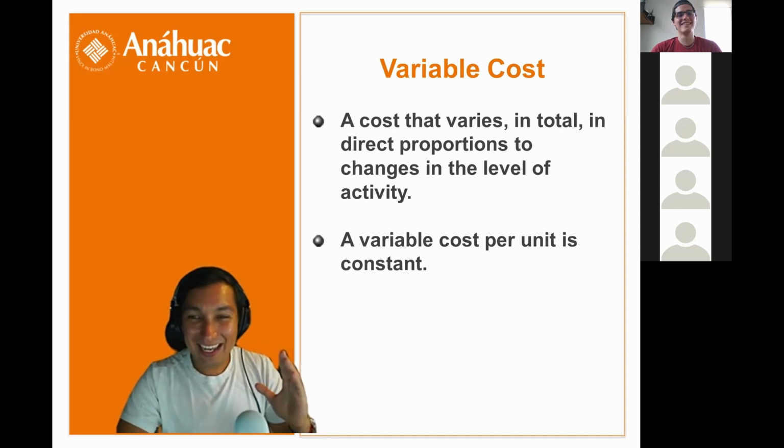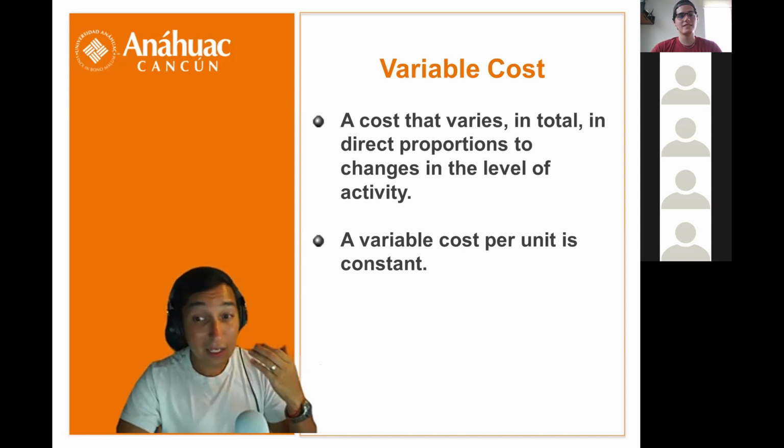So as we make more and more widgets, we're going to be using up more and more widget material. As we make more and more widgets, we are going to incur more direct labor. So those would be variable costs that are going to vary in proportion to changes in the level of activity.